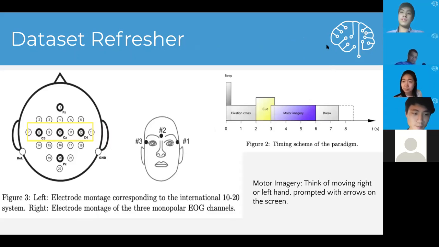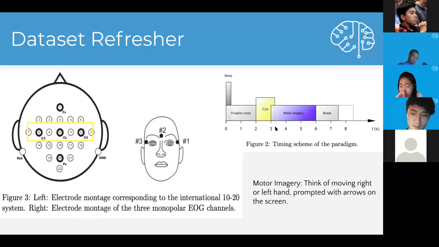So this is where we left off from last time, a little bit of a recap. This is how the experiment is set up. We think of the motor imagery task as thinking of either the left or the right hand, prompted with an arrow on the screen.